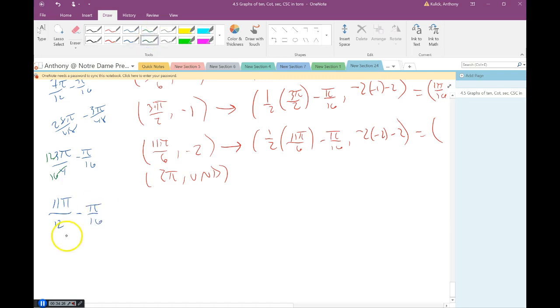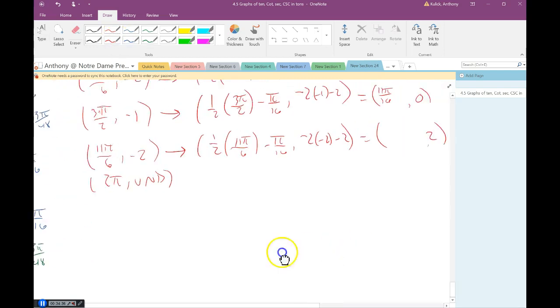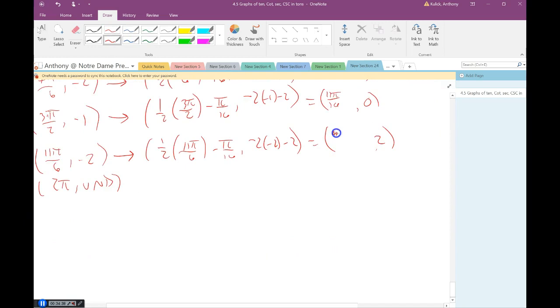My common denominator will be 48, so that's 44 pi over 48 minus 3 pi over 48. So that's going to be 41 pi over 48. And my last one is going to be 15 pi over 16 undefined.